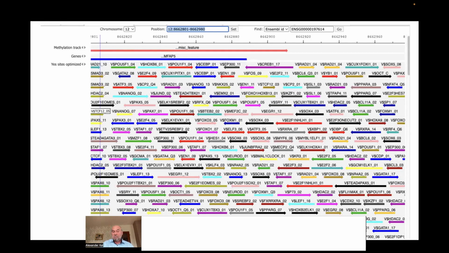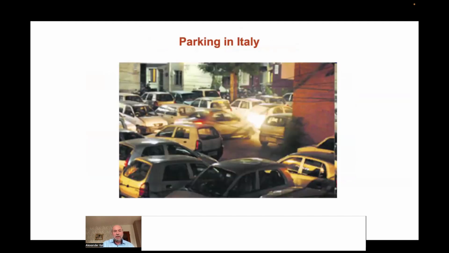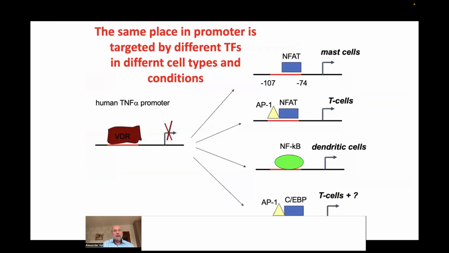So it's not a consequent text of motifs, it's something different. And here we saw that it's not really organized, like a parking place in Germany, but it seems it's something like a parking place in Italy, where all these transcription factors just try to find an opportunity to bind to their parking place. And that's indeed the case.